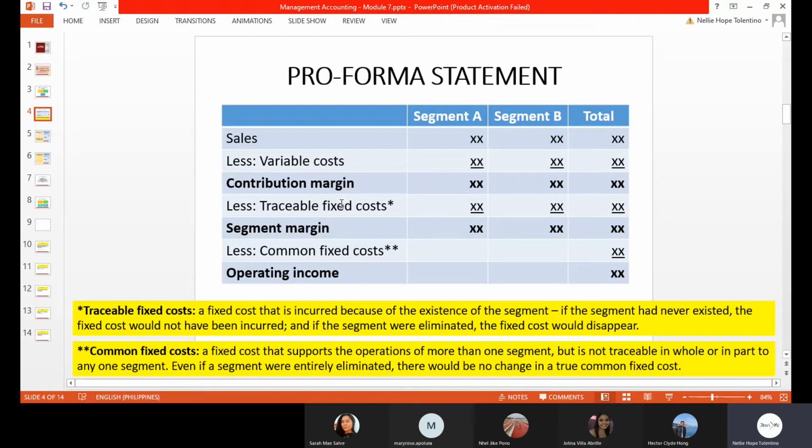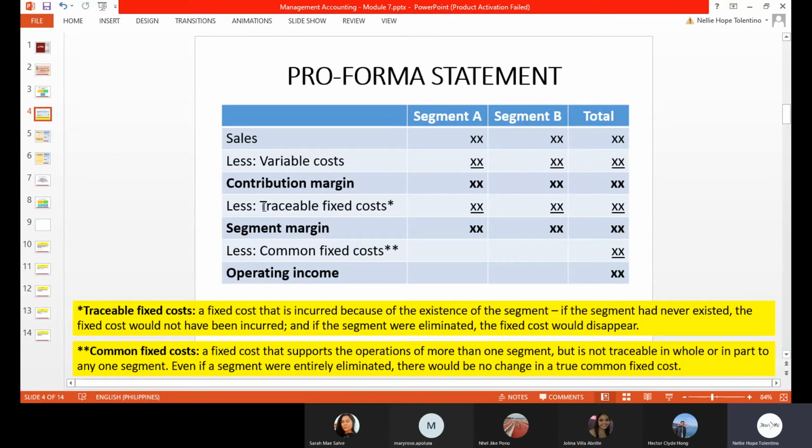It's a monthly salary of the manager. Pero, if for the next year, i-shut down na ang segment A, meaning hindi na mag-pursue itong segment A, ang matitira na lang sa company is ang segment B, yung monthly salary ni segment A manager, definitely hindi na makikita sa income statement ng company. Kasi nga, yung fixed cost na yun is traceable to that specific segment for that specific branch.